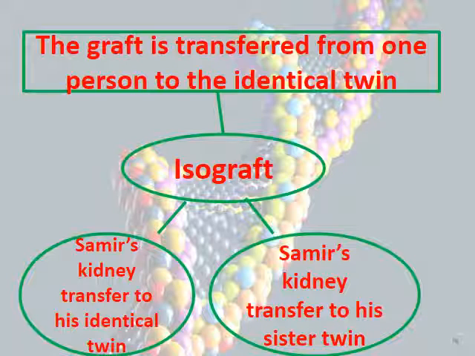So Samir's kidney transferred to his identical twin is called an isograft. While a non-example is Samir's kidney transferred to his sister twin. So isograft is the graft that is done between two identical twins.